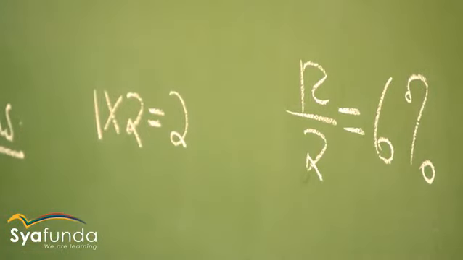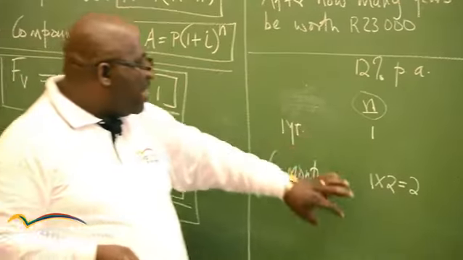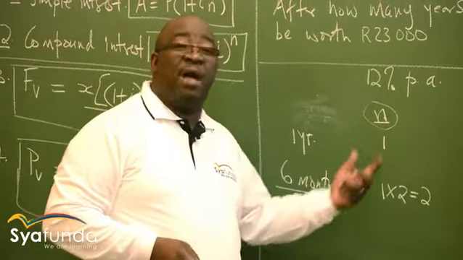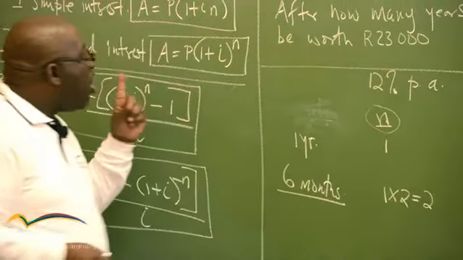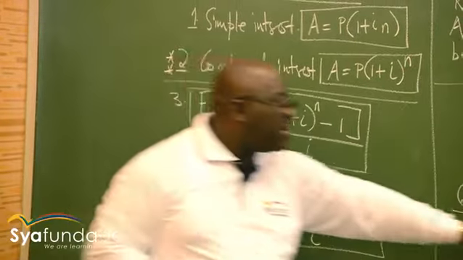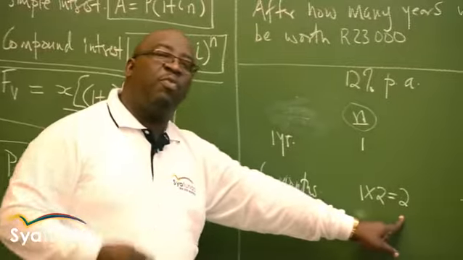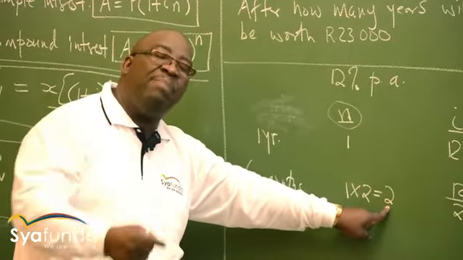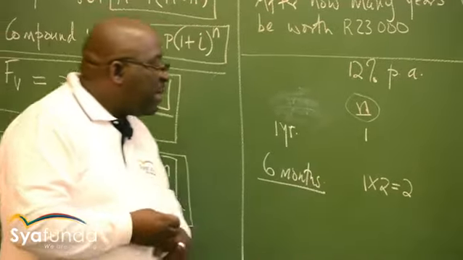So n is in fact changing into the number of times that you are putting the interest. That's why I always say, let us not only see this as the number of years, because this is in 1 year, but we've just put interest twice. So this actually tells us how many times we put the interest in that particular transaction.